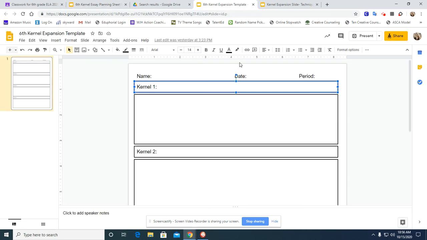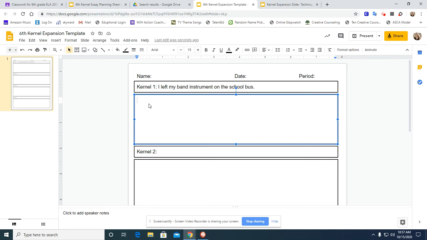You're going to go to the kernel expansion template and you're going to type in number 1, your answer from yesterday. So yesterday's answer for me was I left my band instrument on the school bus. Now I'm going to develop that right here into a paragraph.